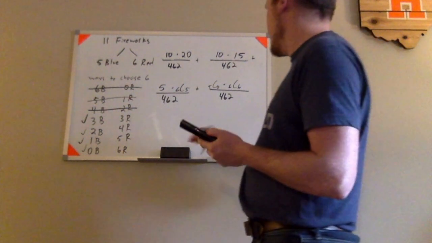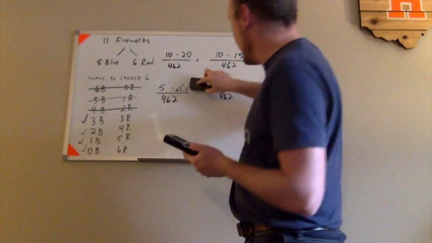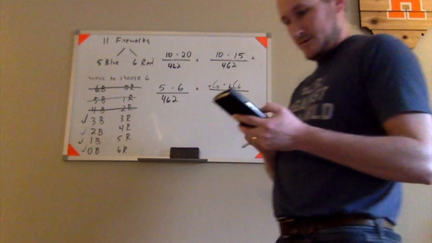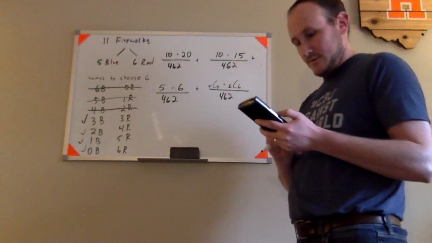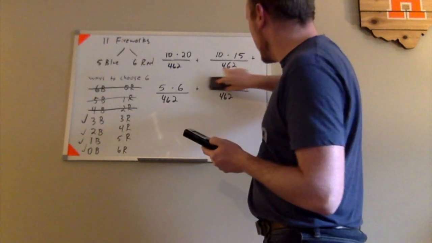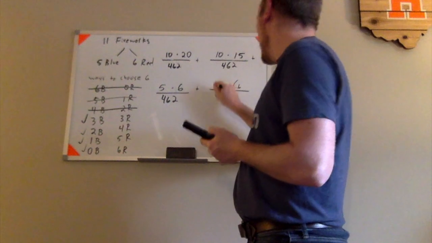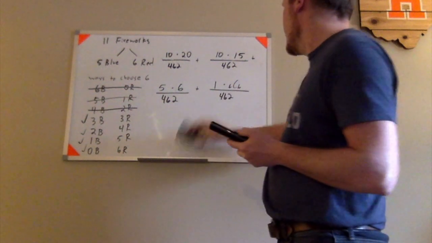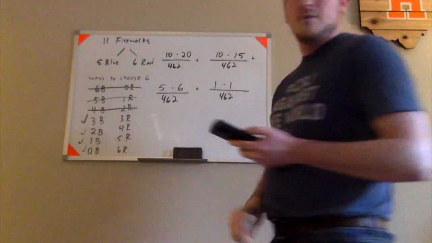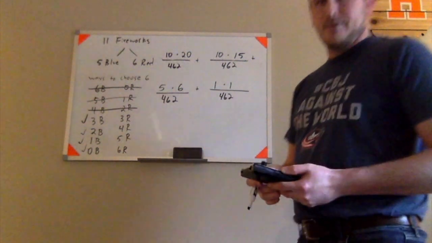And 6 choose 5 would be 6. Over here, 5 choose 0 would actually be 1. There's only one way to choose nothing. And 6 choose 6 would actually also be 1. There's only one way to choose everything for that.